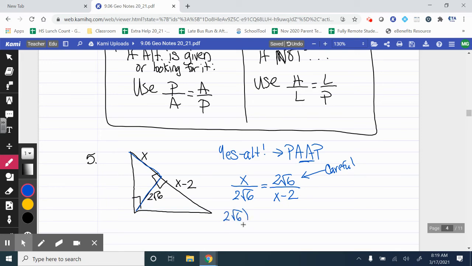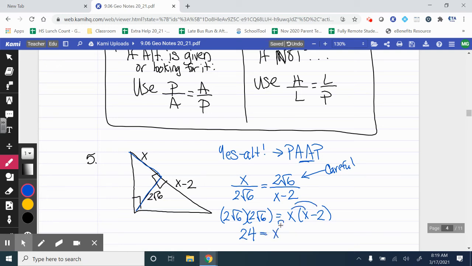Or if you're doing it out in your head, make sure you multiply the 2's together to get your 4, and your rad 6 times rad 6 would give you just 6, or rad 36, which is 6. So we'd have 4 times 6 gives us 24. In your calculator, be careful typing that in.